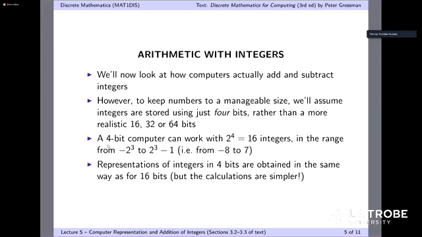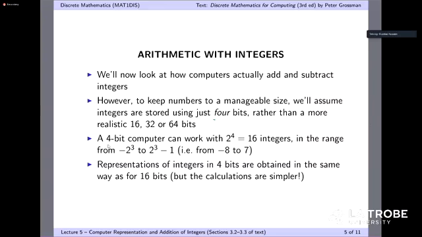Instead of doing 16 bits, which would be slightly long, we restrict ourselves to just 4 bits. Why? The mechanism is exactly the same. It's for ease of calculations for us. Instead of dealing with 32,768, we just deal with 8. We look at very, very small operations, not the big numbers, just for the ease of calculations.